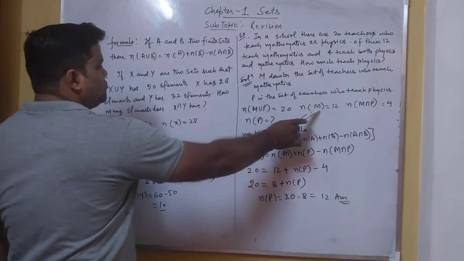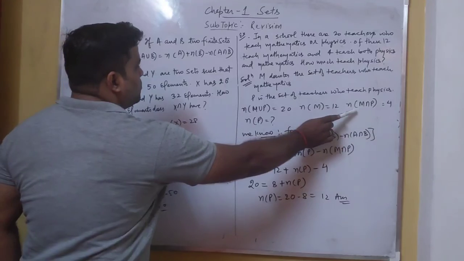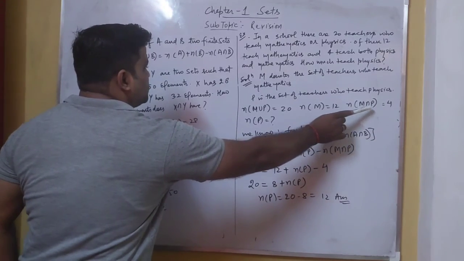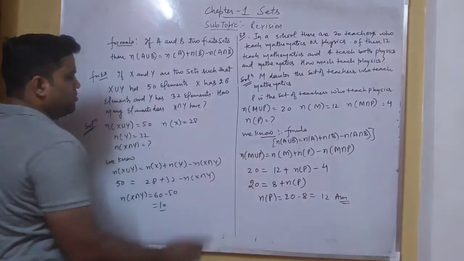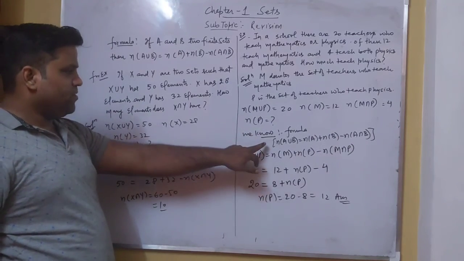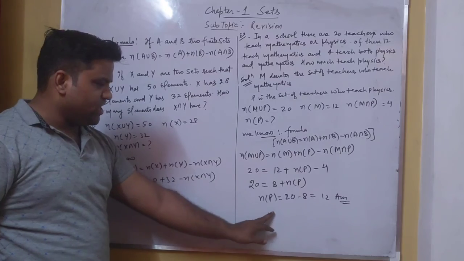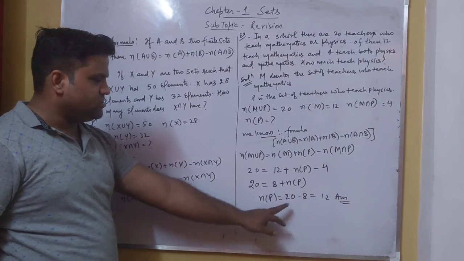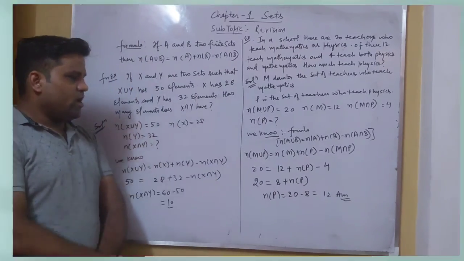Similarly, the number of teachers who teach mathematics is 12, and the number of teachers who teach both mathematics and physics is 4. We have to find the number of teachers who teach physics. So by using the formula, we see that the number of teachers who teach physics is 12, which is the required answer.